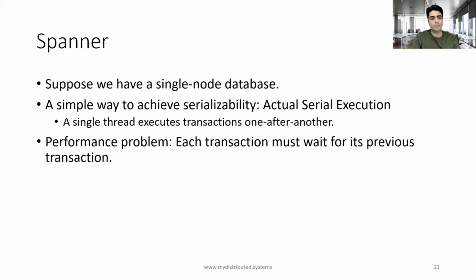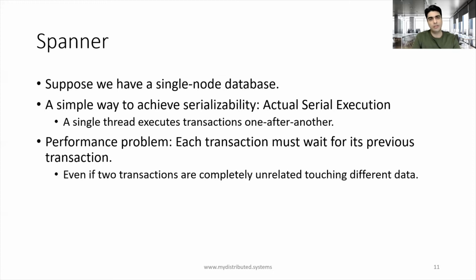But we have a performance problem, because each transaction must wait for its previous transactions, and even when transactions are completely unrelated to each other, touching different parts of the data, because everything is serialized, all transactions must wait for all transactions before them.